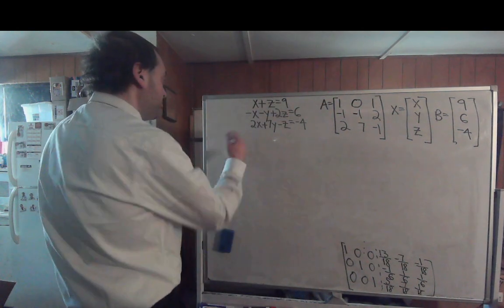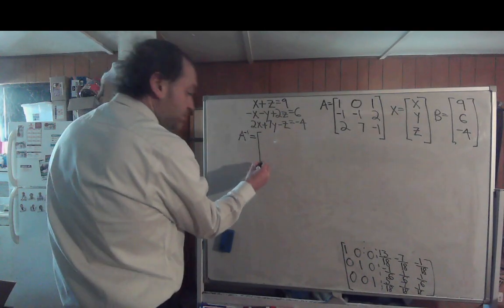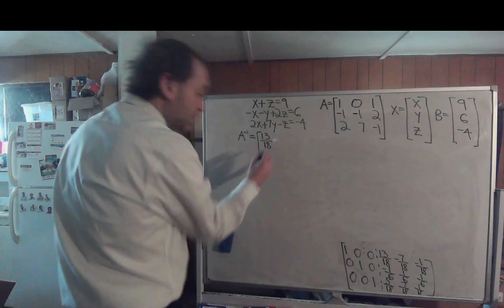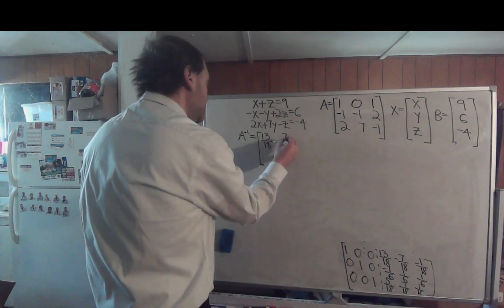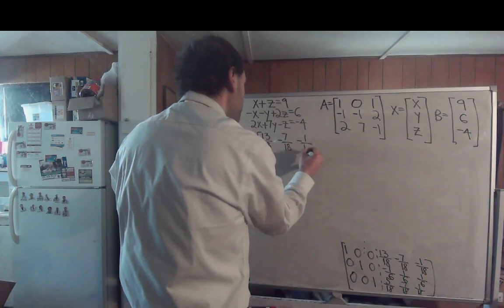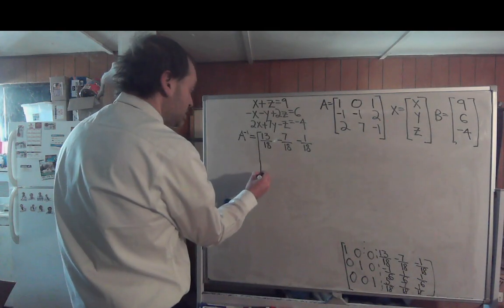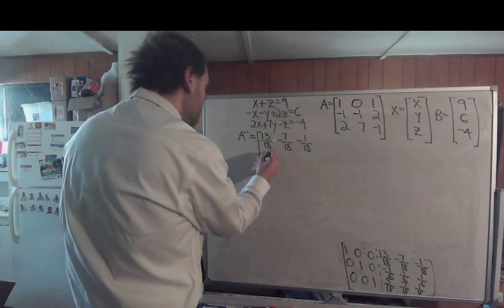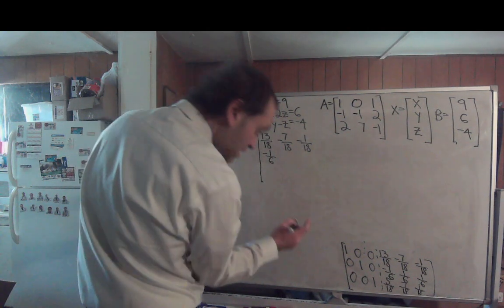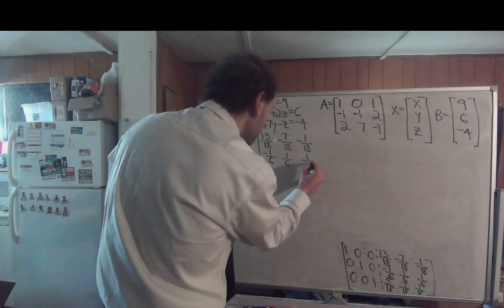Alright, so that means your A inverse is going to end up being 13/18, negative 7/18, negative 1/18, and then negative 1/6, positive 1/6, and another positive 1/6.